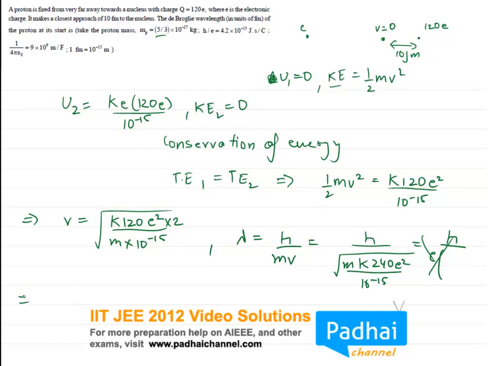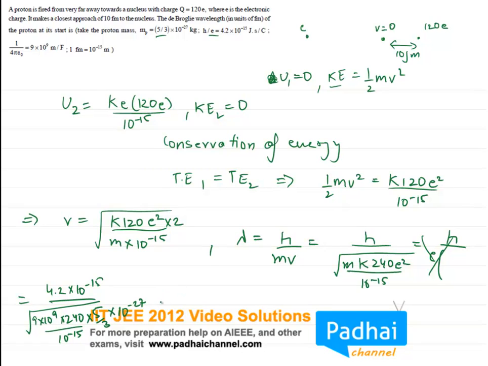So this will be given by H upon E. H upon E value is given as 4.2 into 10 raised to the minus 15 divided by under root of 9 into 10 raised to the power of 9. This is K into 240, right, into mass M, which is given by 5 by 3 into 10 raised to the power of minus 27 divided by 10 raised to the minus 15, right?